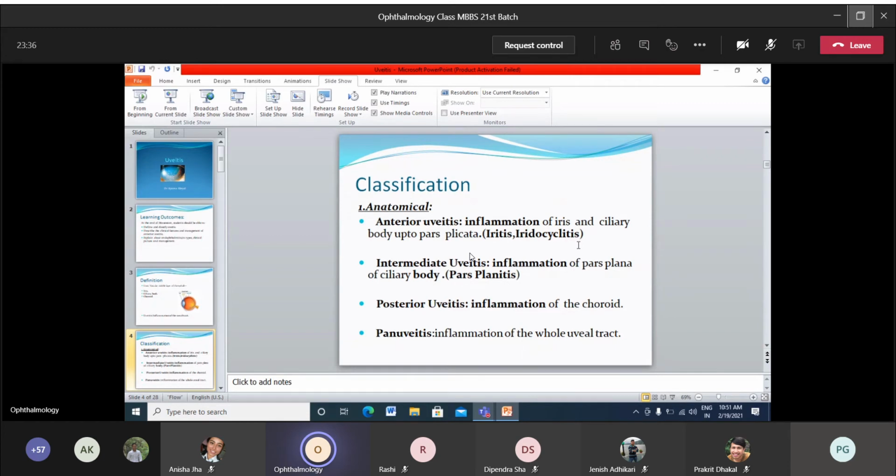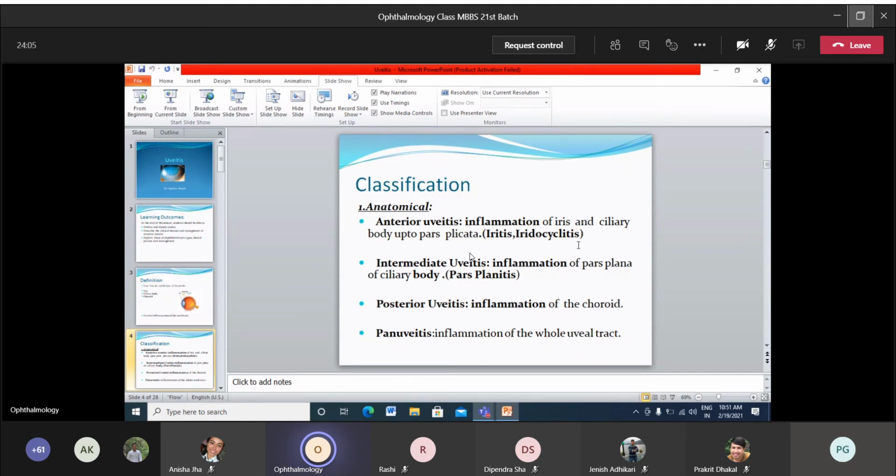Intermediate uveitis is inflammation of the pars plana of the ciliary body. Hence, it is also known as pars planitis. Posterior uveitis is inflammation of the choroid. And if the whole of the uveal tract is involved, with inflammation of all the structures of the uveal tract, then that is panuveitis.